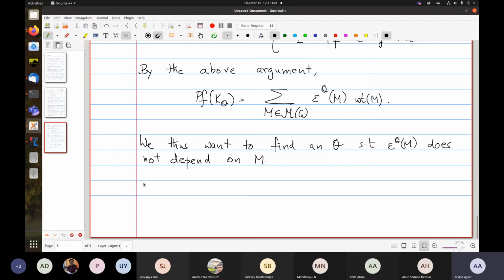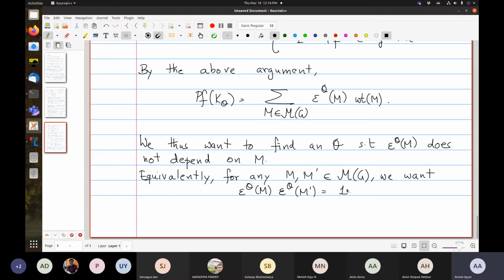So suppose, or equivalently, for any M and M prime being perfect matchings of G, we want epsilon O of M times epsilon O of M prime equal to 1.